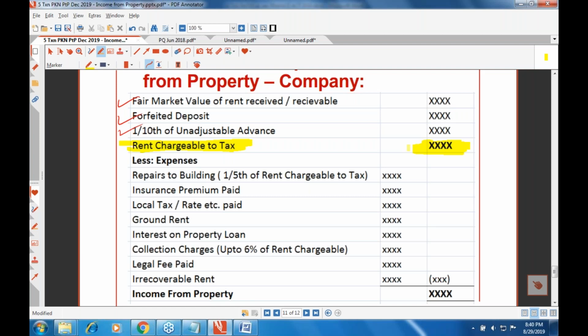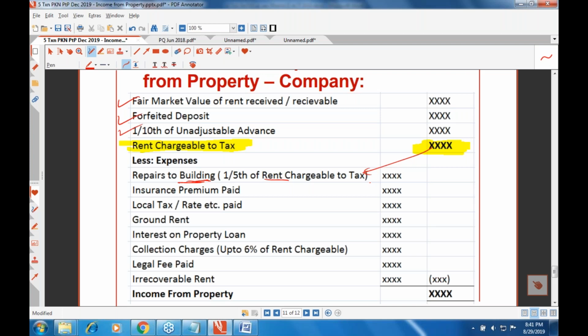First of all, there are expenses which are allowed when it comes to income from property for a company. When you compute income from property of an individual, you're not allowed to claim any expenses, but for a company you are allowed to claim expenses. What are the expenses that can be claimed? The first is repairs to the building, repair and maintenance: one-fifth of the rent chargeable to tax.